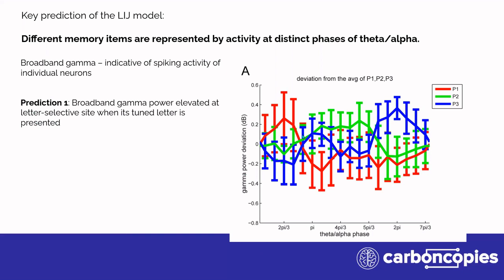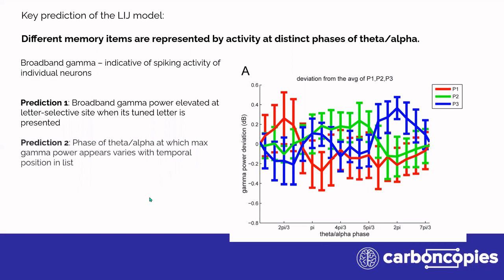Here we have it for P1, the red, then for P2, green, then for P3, the blue, at different phases of theta. And we see that the phase of theta alpha at which max gamma power appears varies with temporal position in the list.